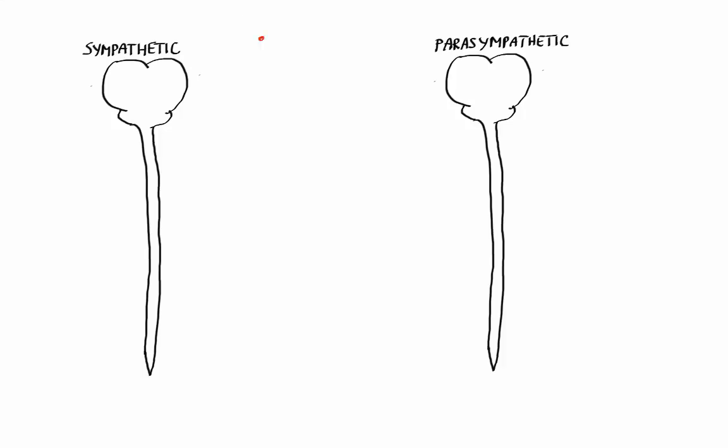First, we have cholinergic neurons, which use the neurotransmitter acetylcholine to send messages, and I'm going to use the red color to draw them. And second, we have adrenergic neurons, which use the neurotransmitters norepinephrine and epinephrine to send messages.